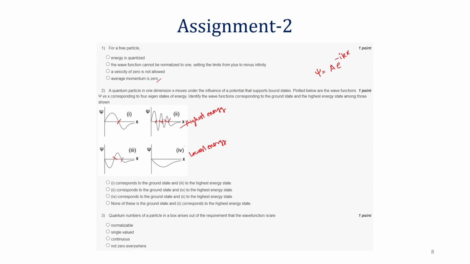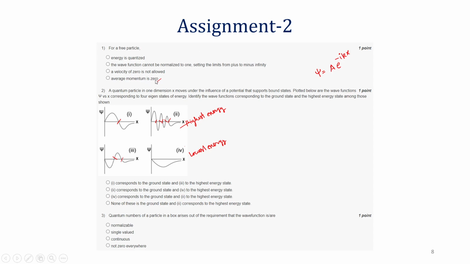So box normalization is what we generally do for a free particle to normalize it. There is a very tricky derivation there too, and I don't want to go into that because, to be honest, I also don't know it.